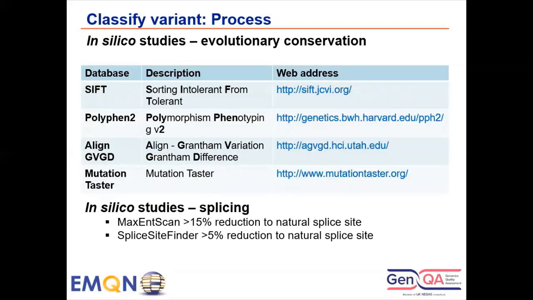Related to the in silico studies, the in silico prediction programs evaluate evolutionary conservation. They start from the idea that variants that have been conserved during evolution in different organisms should be very important. The most frequently used are listed here: SIFT, PolyPhen-2, Align GVGD, MutationTaster.